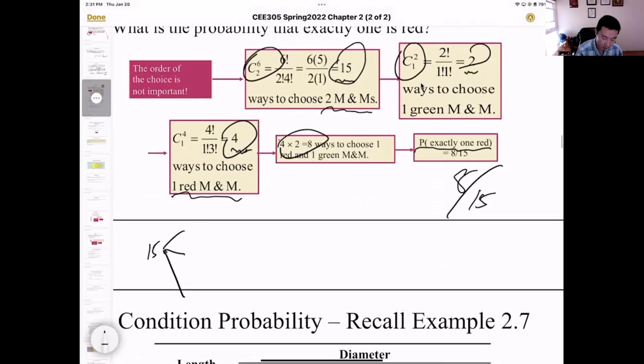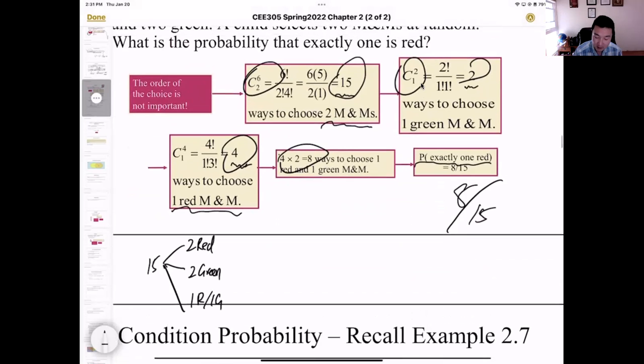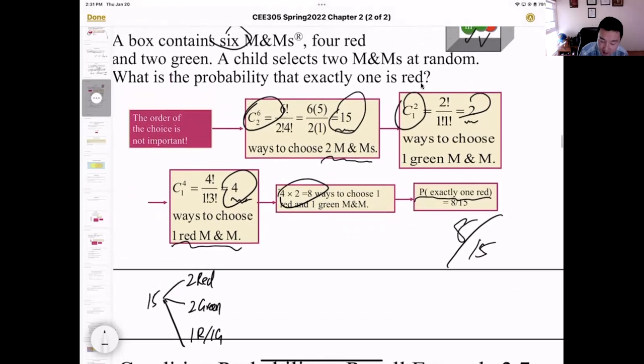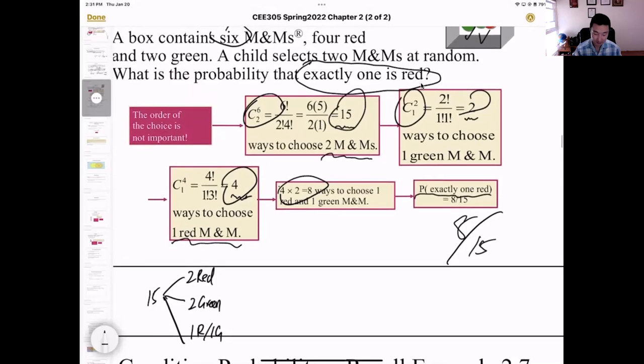So we could have 2 red candies, we could also have 2 green candies, or we could have 1 red and 1 green, which is what the question is asking. So exactly 1 is red is equal to 1 green and 1 red.